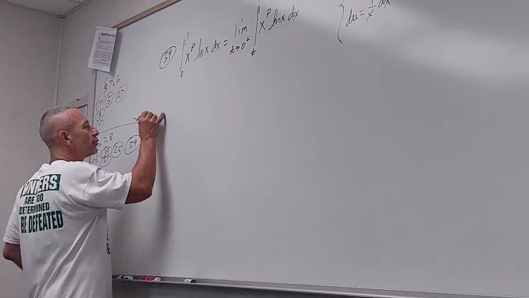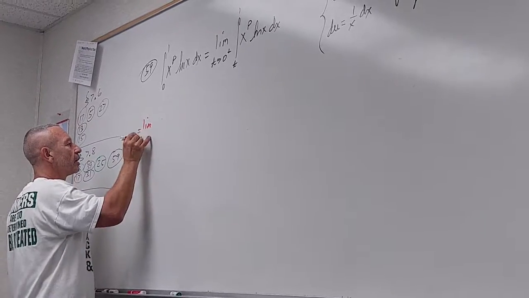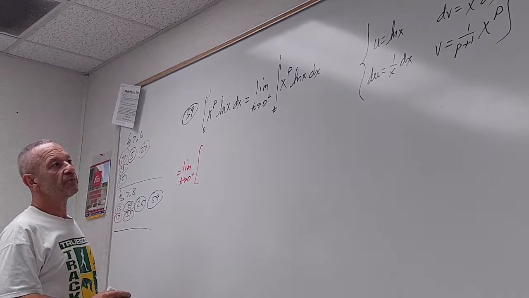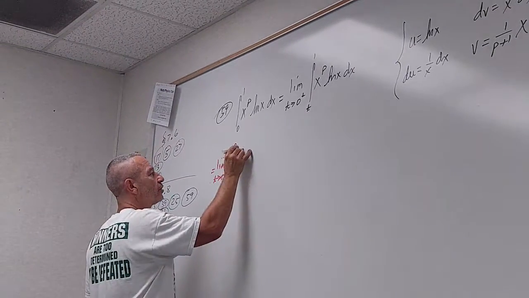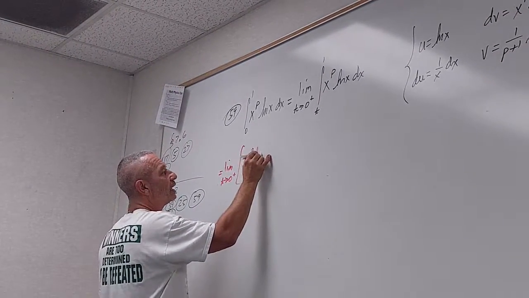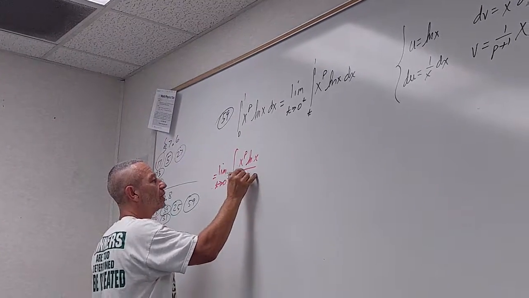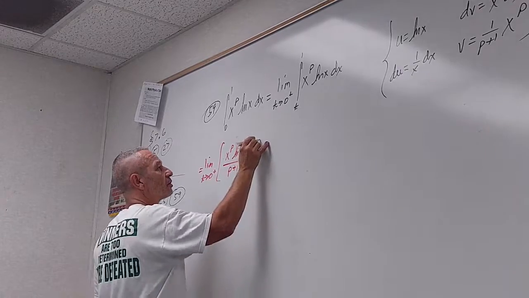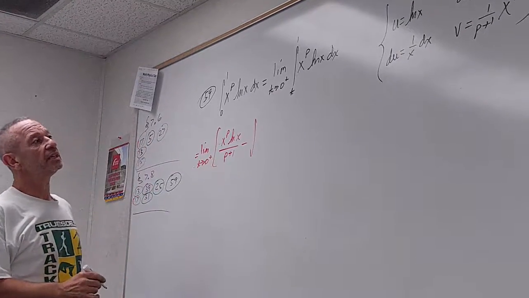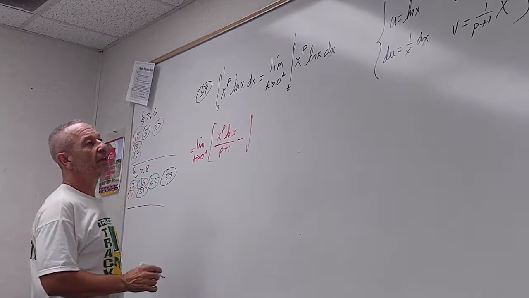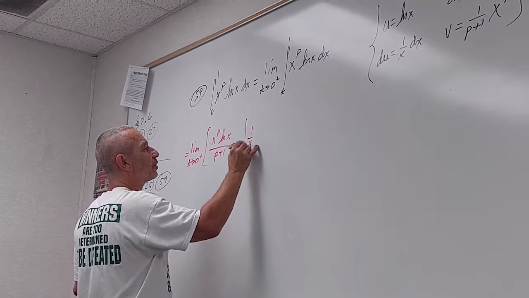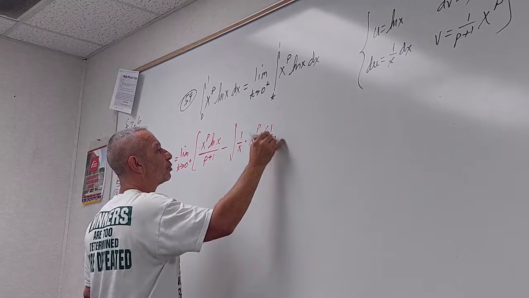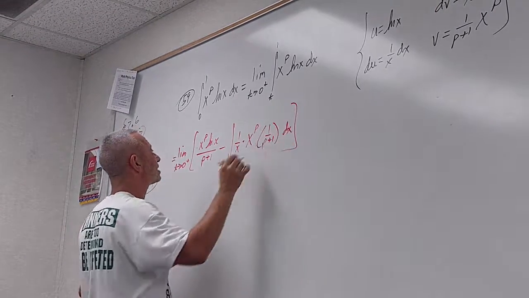So, limit as t goes to 0 from the right. And we get u times v, so x to the p ln x over p plus 1. That's u times v minus the integral of v du, and that is 1 over x times x to the p times 1 over p plus 1 dx.